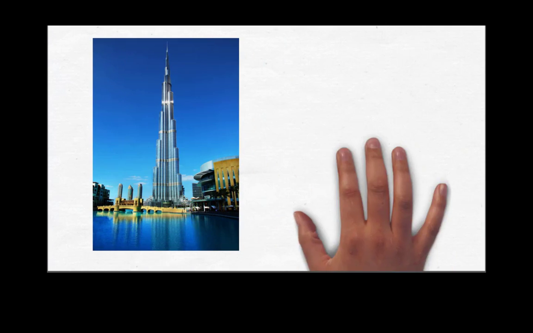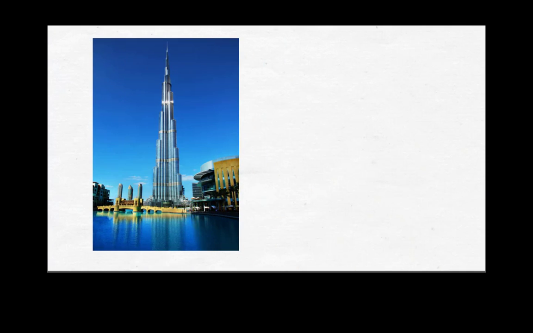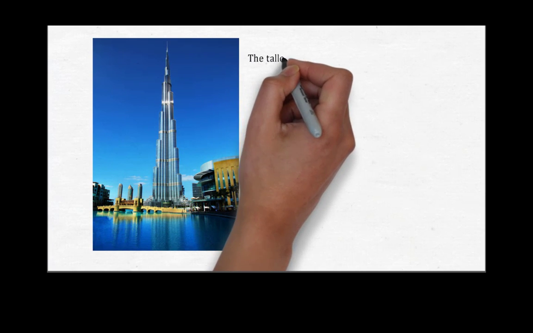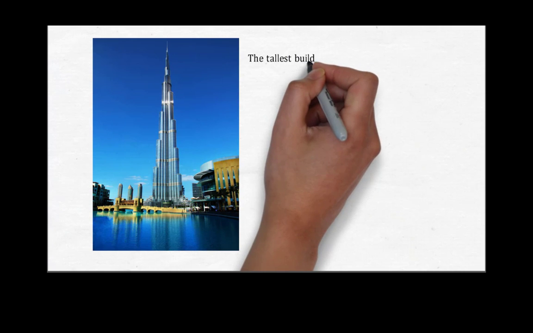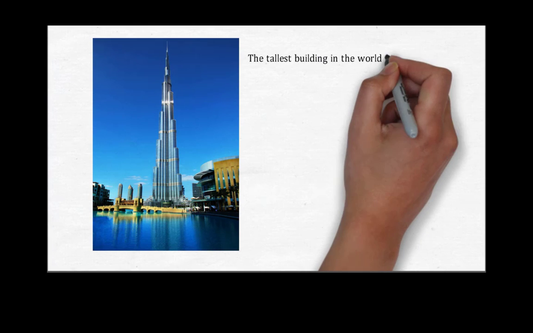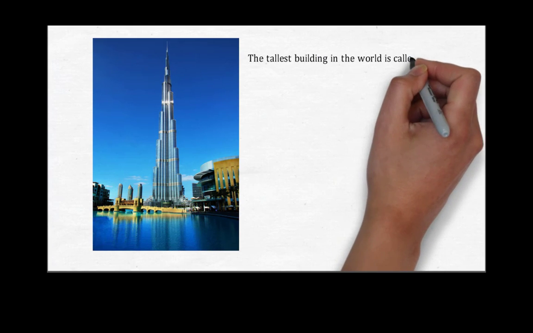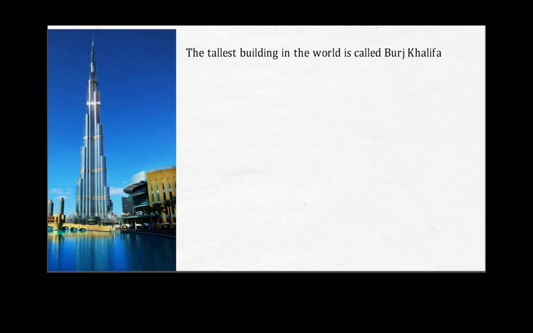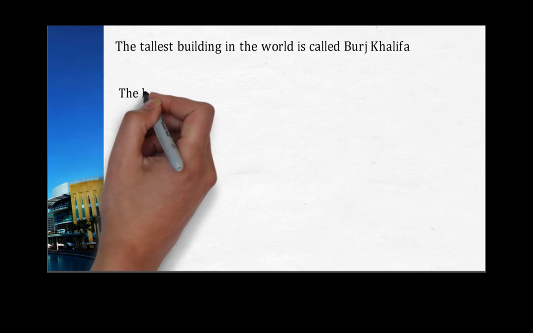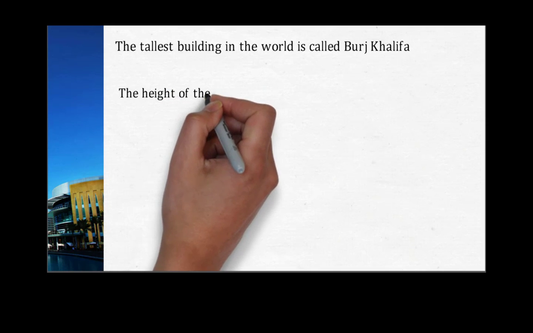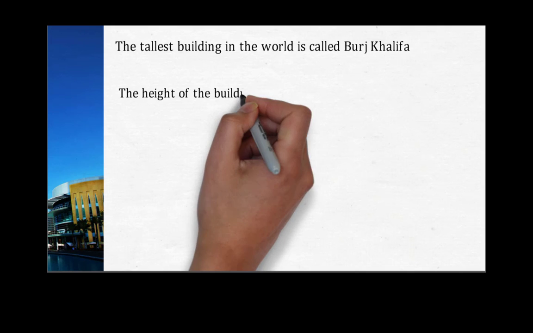Now let us look at this building. Do you know what is the name of this building? Anyone? This is the tallest building in the world, which is called Burj Khalifa. It is very high. Then the height of this building in centimeters is equal to how much?